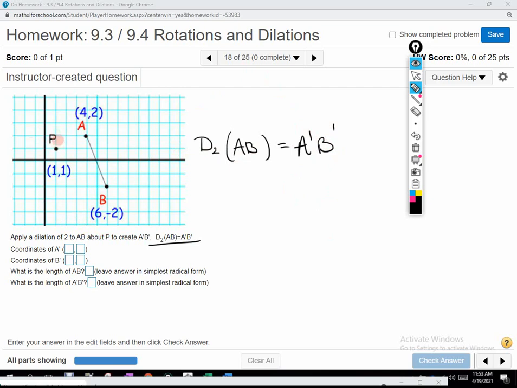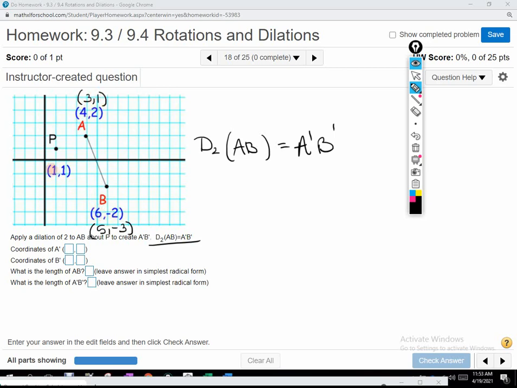Okay, so in order to apply the dilation correctly, what we want to do is we remove that point out of the original ordered pairs. So I'm going to actually call this one 3, 1. I'm going to call this one 5, negative 3. If I go 4 minus this one, and then 2 minus that one, it gives me that.